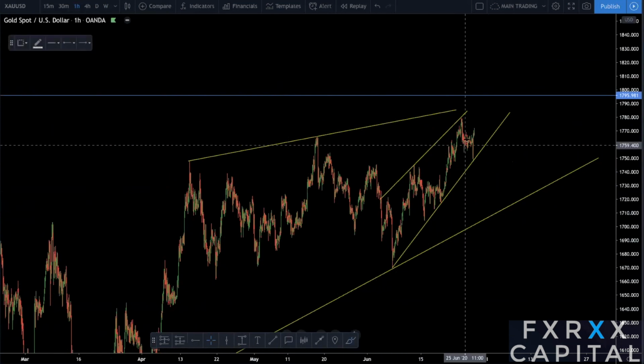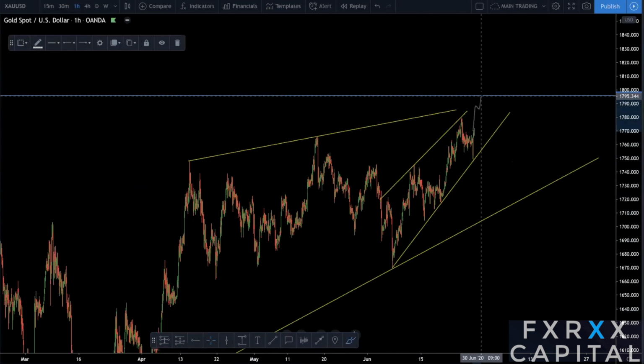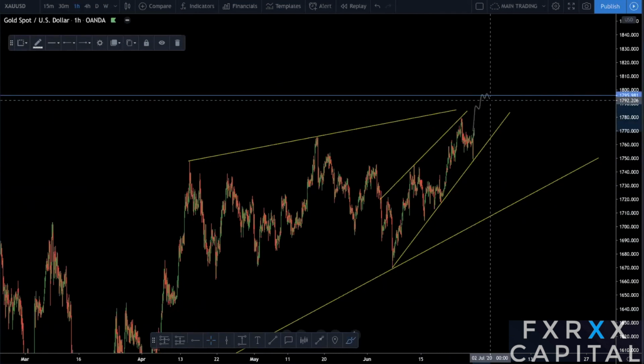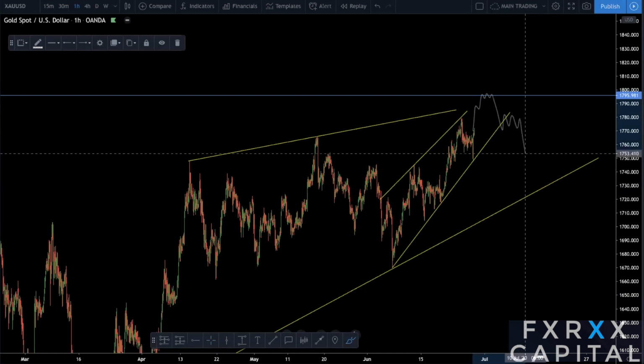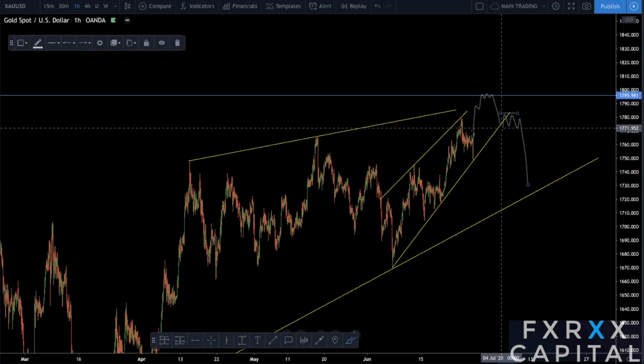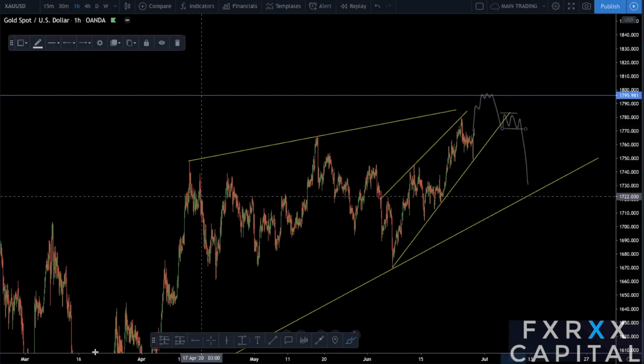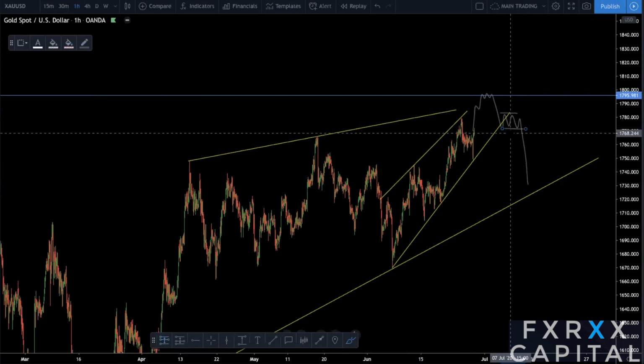If price approaches this top, which is the double top in the bigger structure, the red line is the double top of the bigger structure. I will wait for a correction here. Then I will set an entry here.